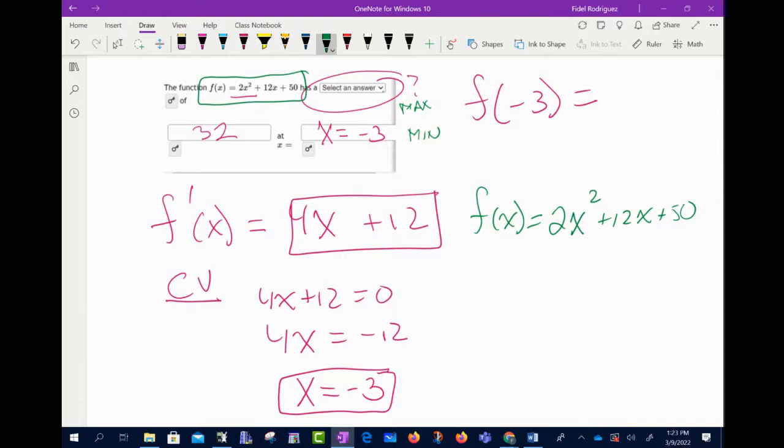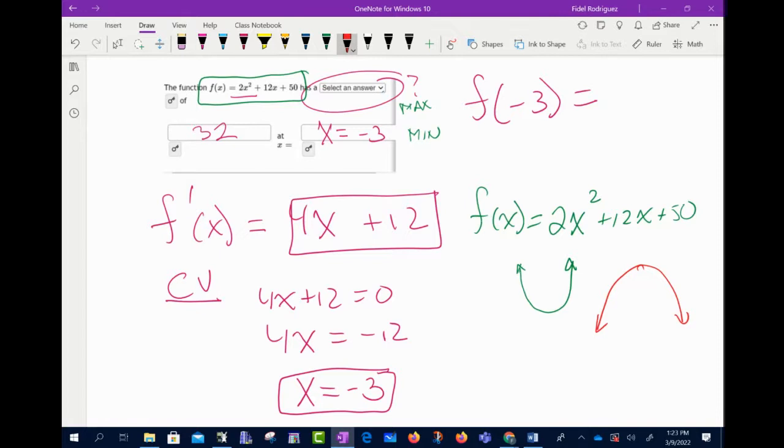What is the basic shape of an x squared graph? Do y'all remember? It's a parabola, right? Parabolas either do one of two things. They either open upward or they open downward.